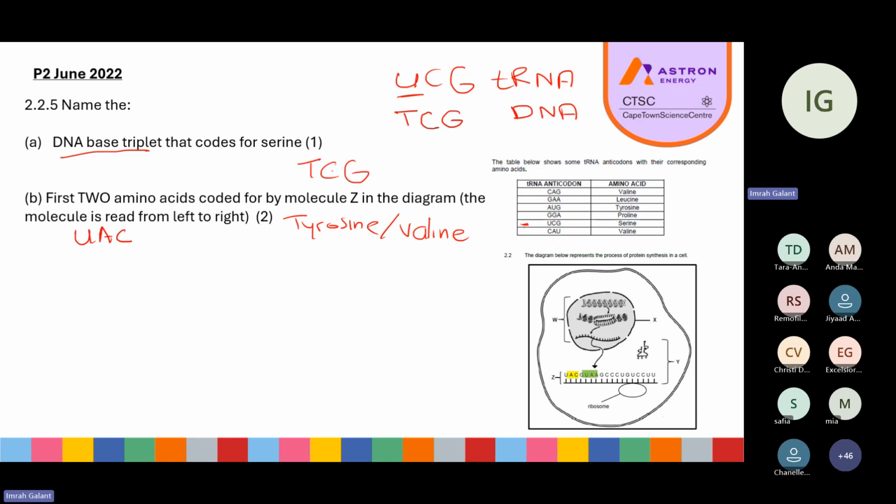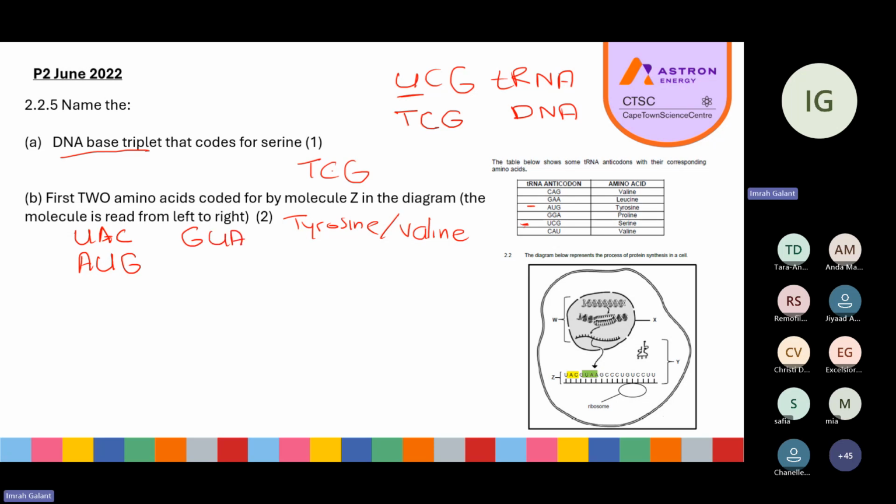Now we need to change that into the anticodon. So the complement to U is A, the complement to A is U, and the complement to C is G. So that is going to be tyrosine, as we have over here. Then the second amino acid that we're going to look at is GUA.